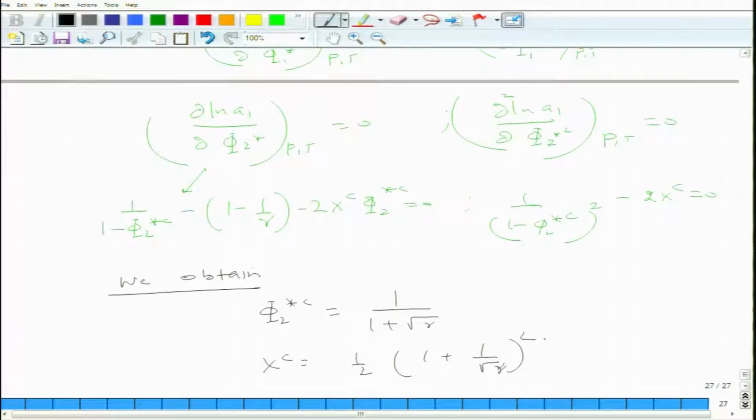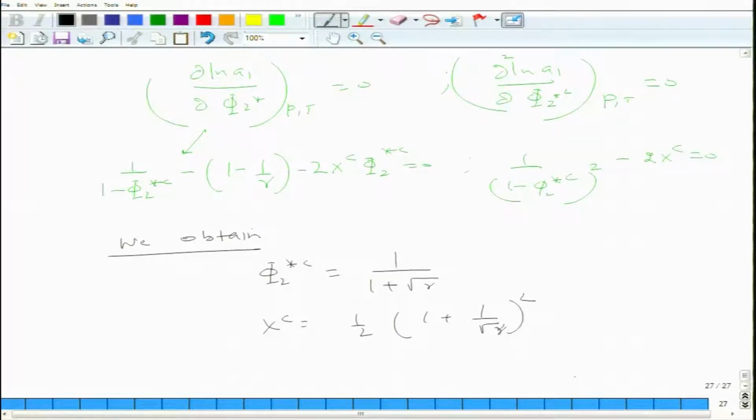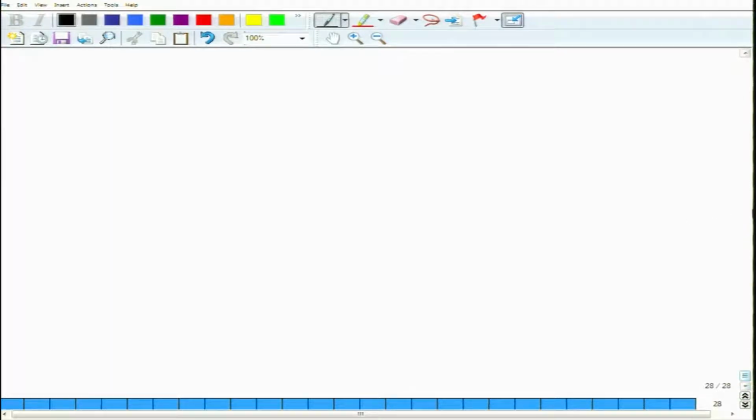This is a very simple way of solving this problem, where we have just made use of the expression of the activity based on Flory-Huggins theory, and then used the condition of incipient instability.